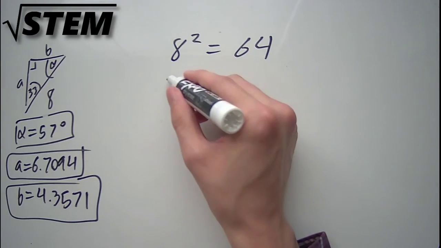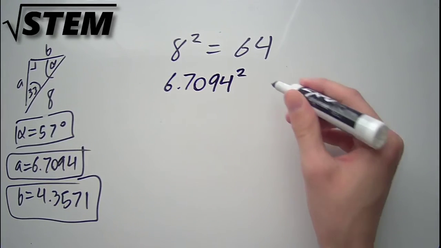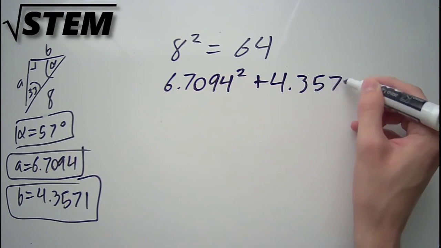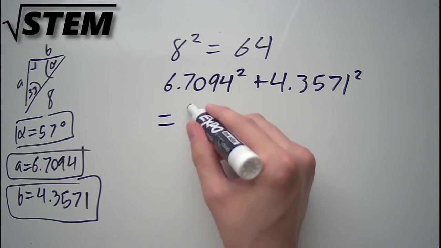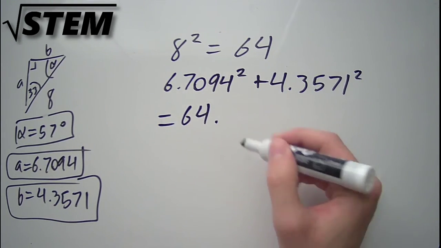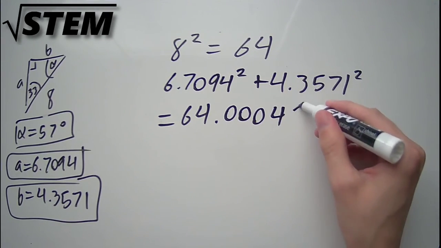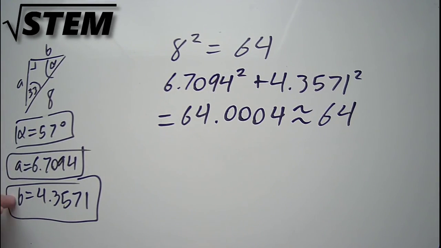So let's calculate that out. 6.7094 squared plus 4.3571 squared. That comes out to 64.0004, which is basically 64. So that means we did it. These are the missing parts of our triangle.